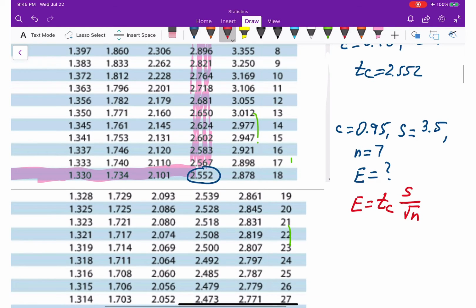The only thing we need is to find T critical.